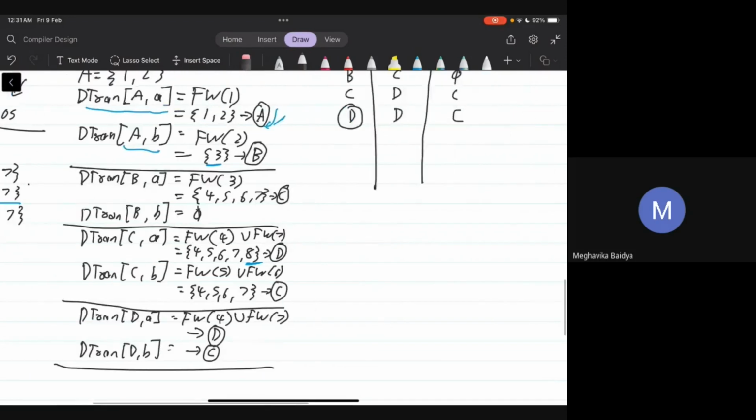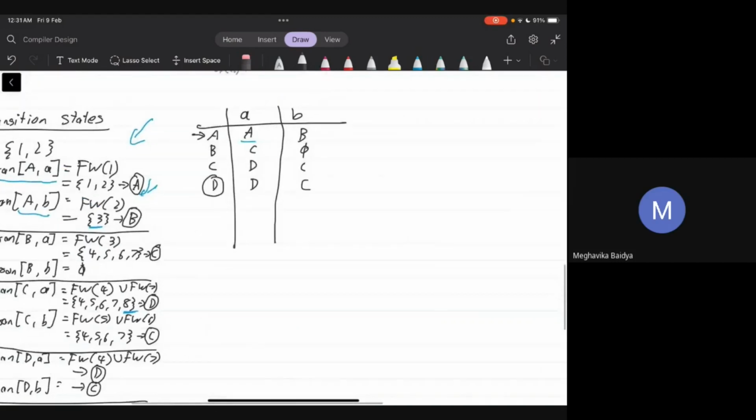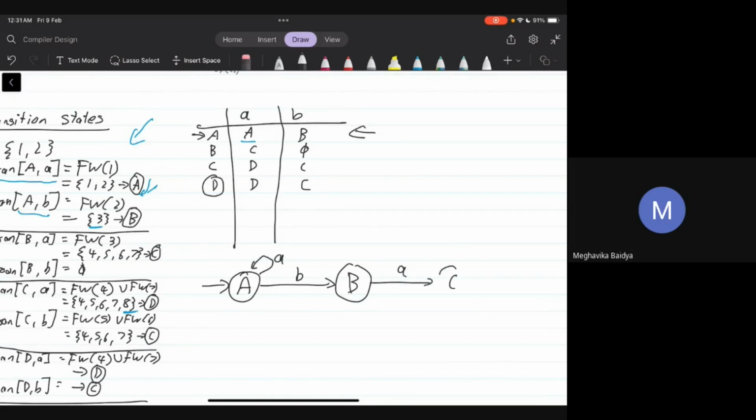Now we draw the transition diagram. We start with A, and for input A, it goes back to itself. For input B, it goes to B. And for B with the input A, it goes to C. But B with the input of B, it goes nowhere, so you won't draw that.